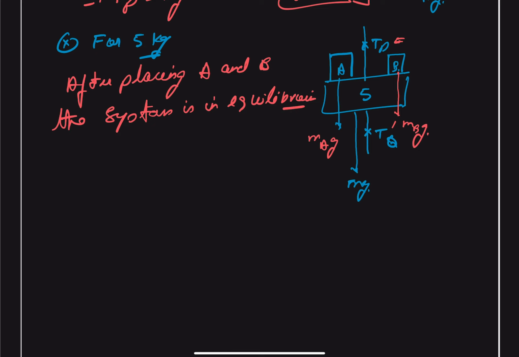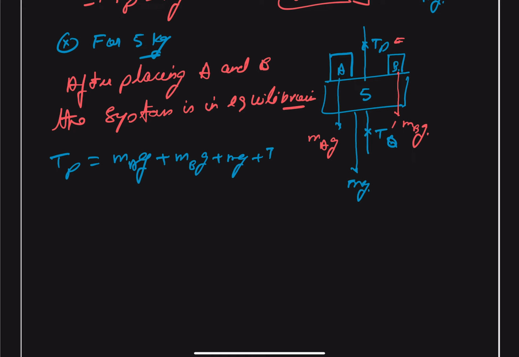So from here, upward we are going to have only one, that is our TP. So TP will be equal to mag plus mbg plus mg plus T prime Q.